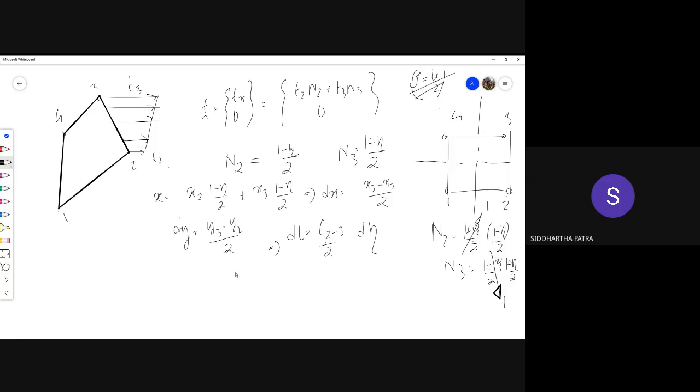So the next thing is the integration. Ft is basically the integration over gamma t of N transpose times the t vector, d gamma.